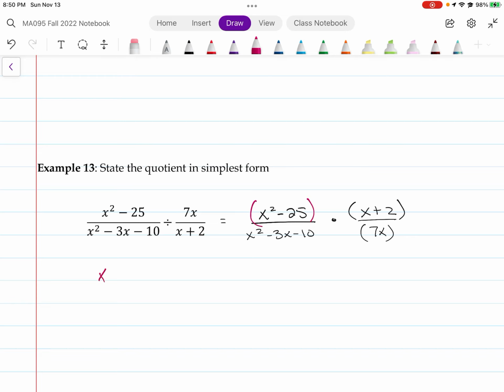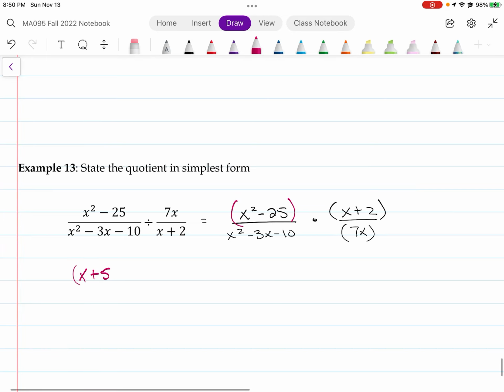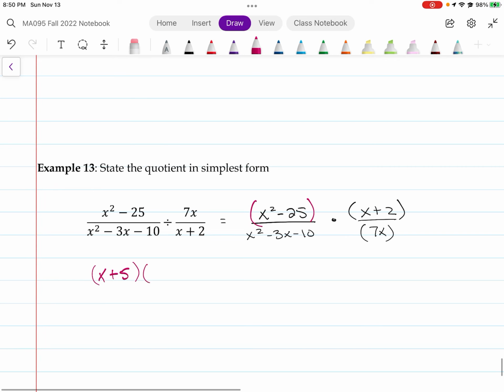I get x plus 5 and x minus 5. Then I'm going to use a little color here so you can tell what's what. Then I've got x plus 2.